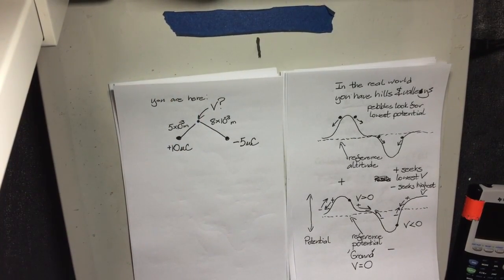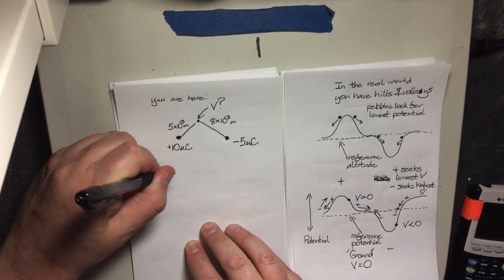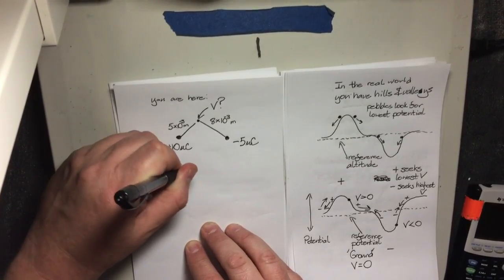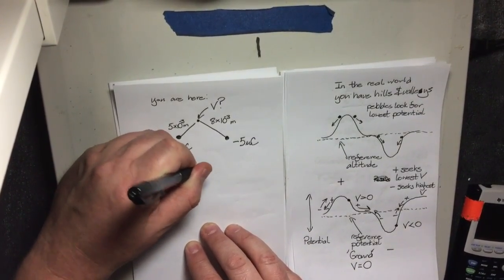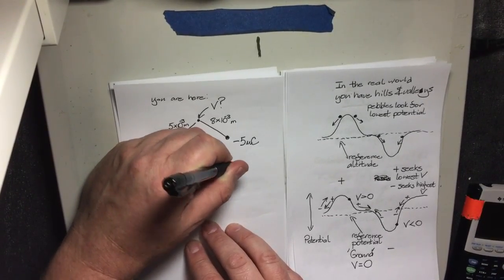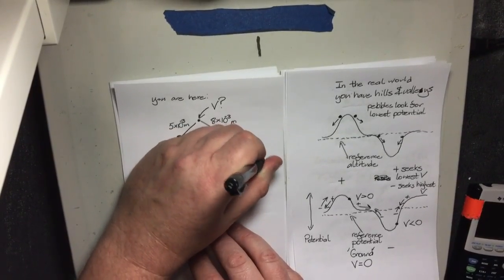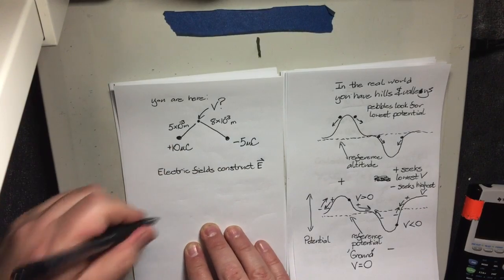In the first parts, when we were talking about forces in Coulomb's law, when we were talking about electric fields, electric fields construct the electric field vector.